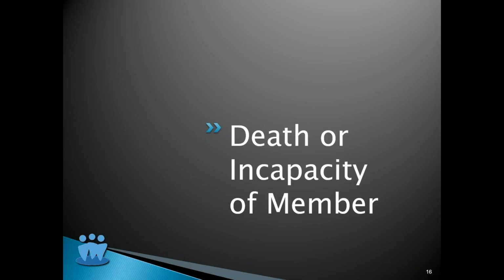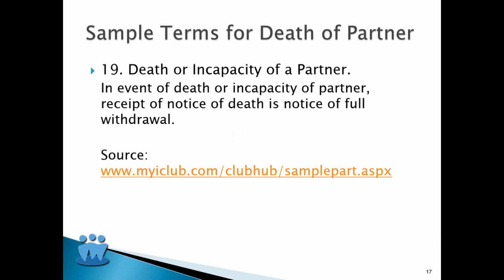The death or incapacity of a member, the sample terms say, in the event of death or incapacity of a partner, receipt of notice of death is notice of full withdrawal. And so that's a pretty broad statement. It doesn't require that you get a death certificate from the county coroner or have an obituary from the newspaper.